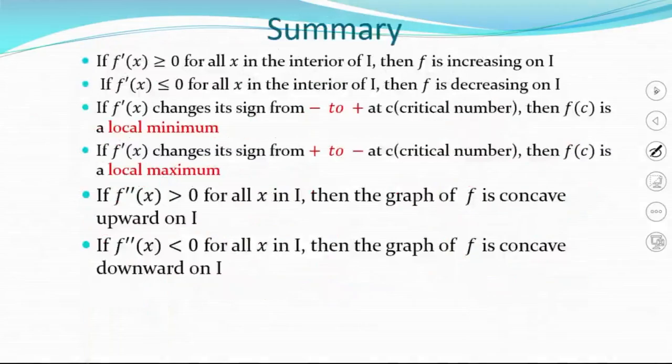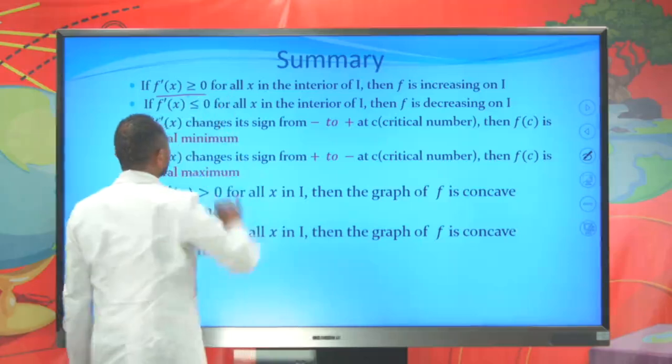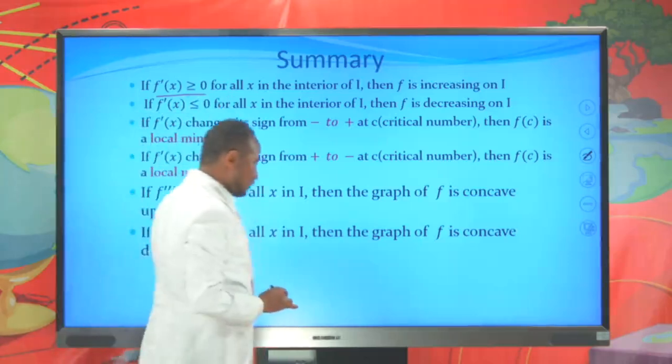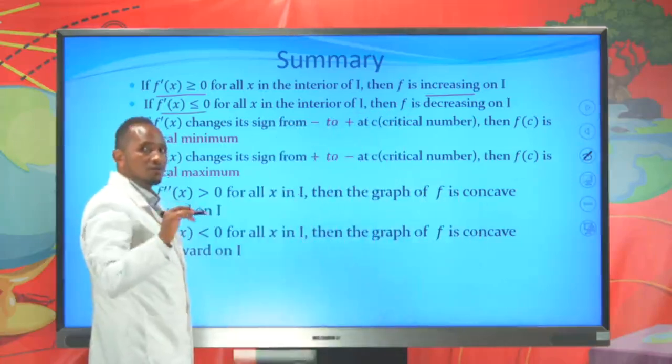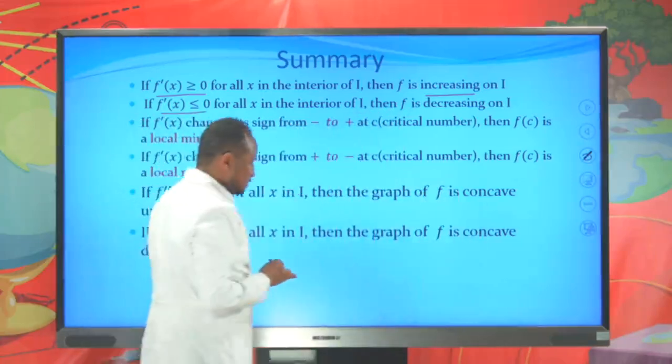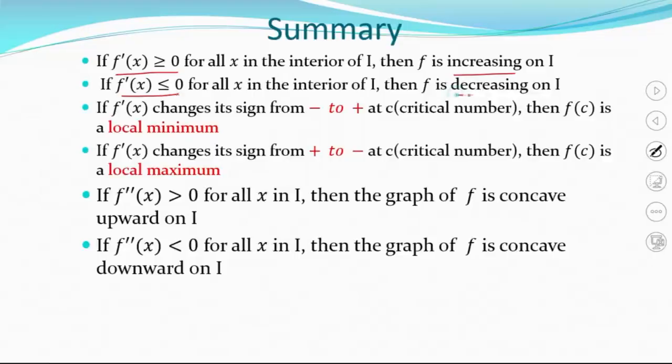Now, let's summarize what we have seen today. The basic points are as follows. If the derivative of the function is greater than 0, then that function is increasing. If the derivative of the function is less than 0, then that function is decreasing on that interval.